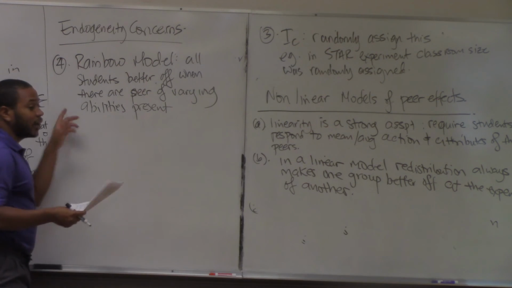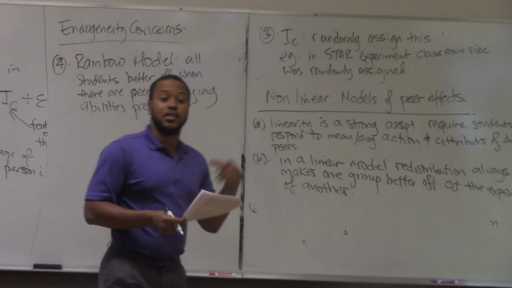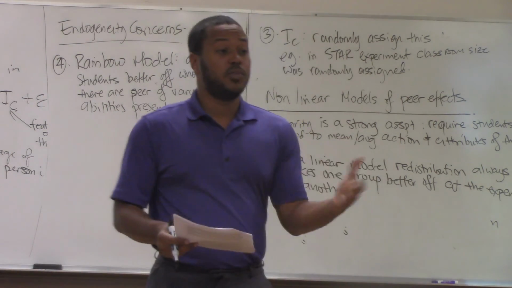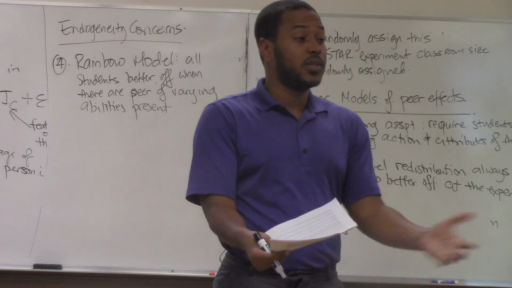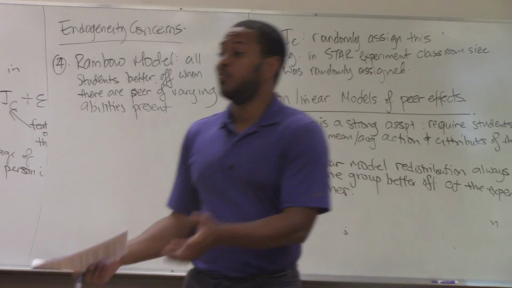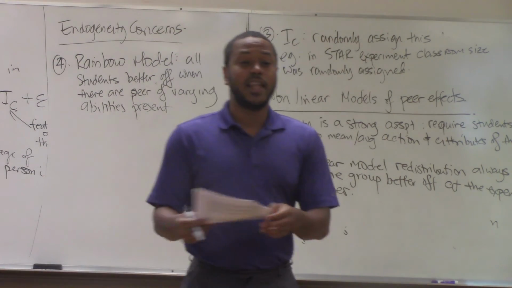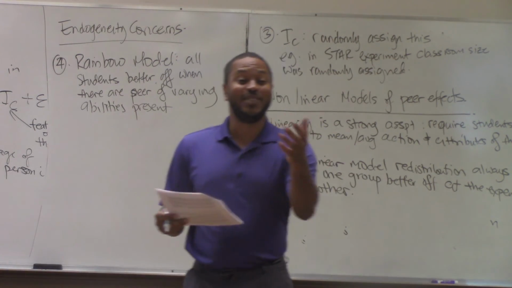So for example, what could happen in a case like this is the really smart students can benefit because they're teaching the kids who are less smart and they really like to teach those kids, right? And then the kids who are less bright, they benefit because they're actually getting taught by the smart kids who really enjoy that.